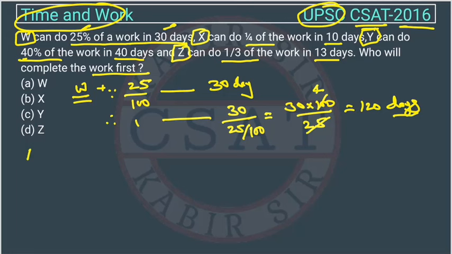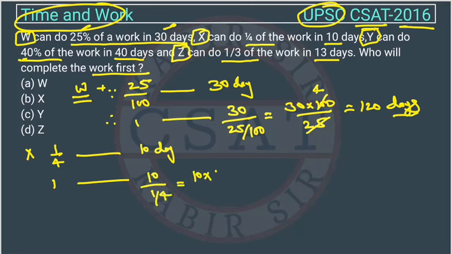So now for X. X can complete 1 by 4 of the work in how many days? 10 days. So therefore he will complete one work in 10 upon 1 upon 4 days. So it will be 10 into 4 upon 1. So it will be 40 days, right? And now for Y we will calculate.